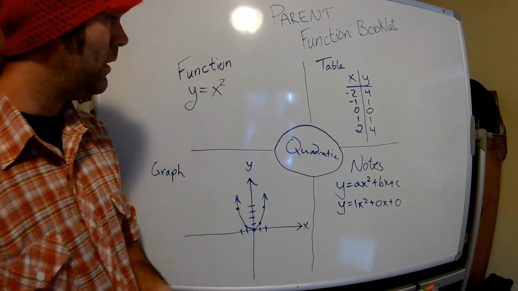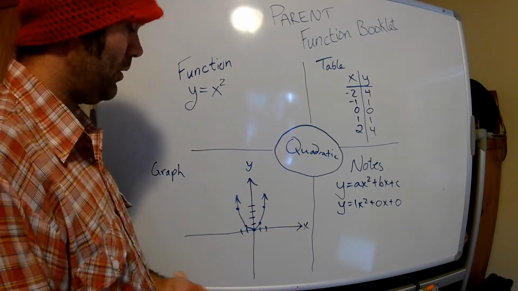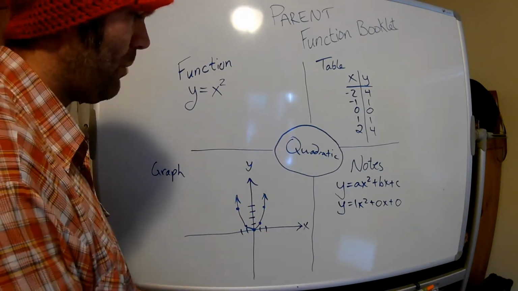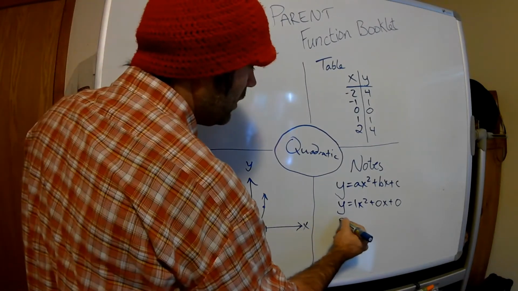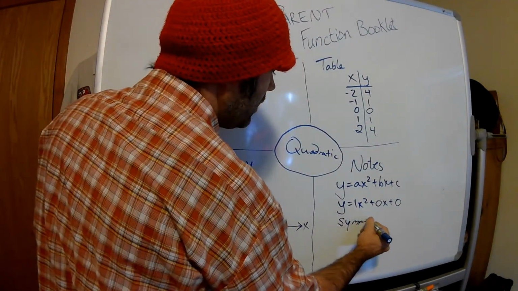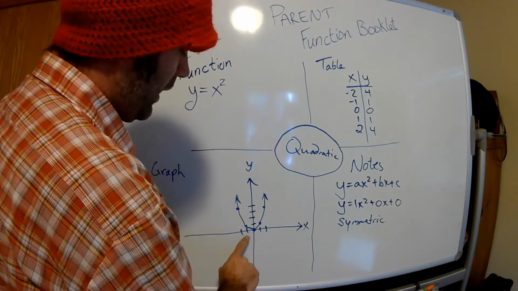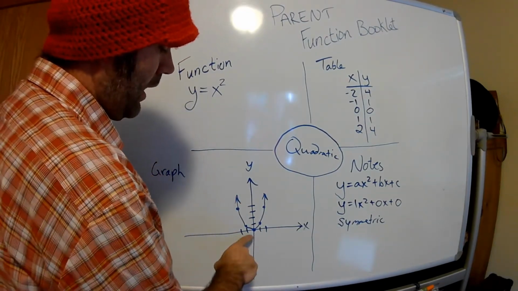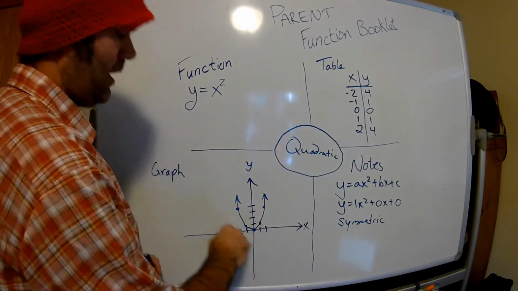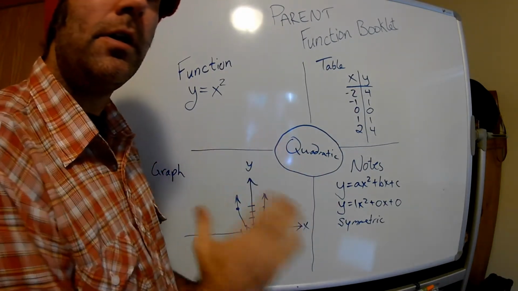But there are some big notes here. We're symmetric. So the vertex is this lowest point, and everything on the right looks just like everything on the left. It's symmetric.